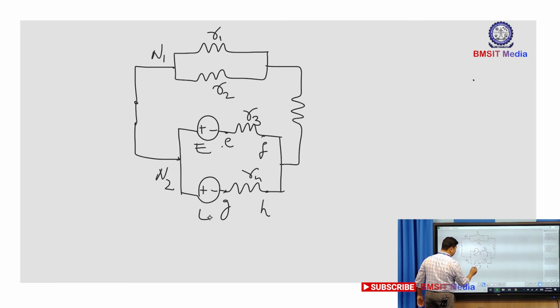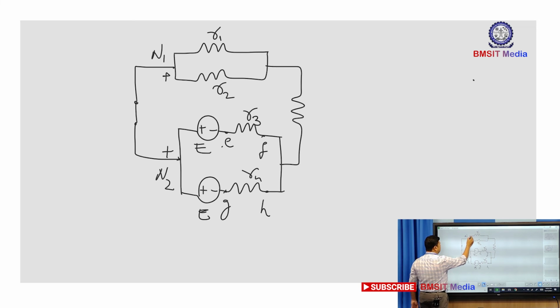So this is E, this is E. Now N2 is at positive potential, directly connected with N1. Now N1 is at positive potential. So terminal A of R1 and terminal C of R2 are still at positive potential.